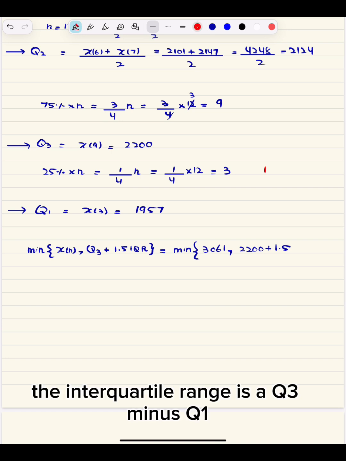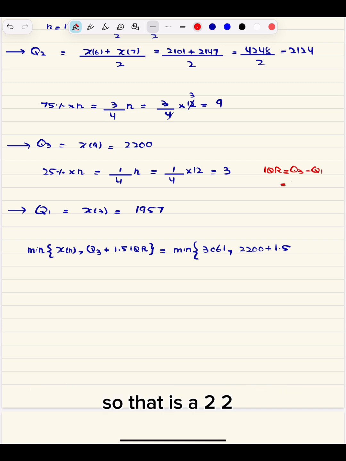The interquartile range is Q3 minus Q1, so that is 2200 minus 1957.